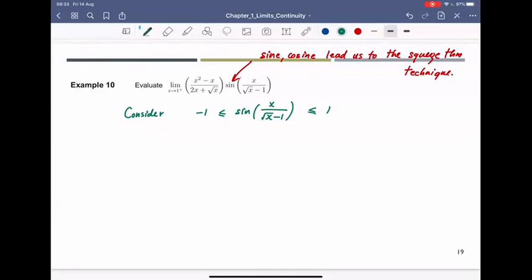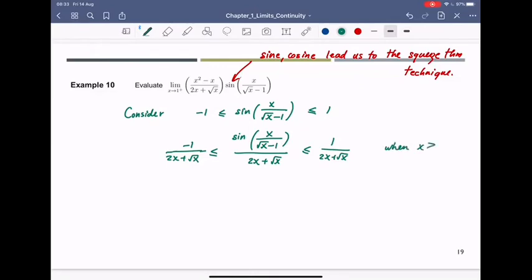And then after that, I try to divide everything by 2x plus square root x first. This is still good, because when x is bigger than 1, 2x plus square root x is going to be a positive number.